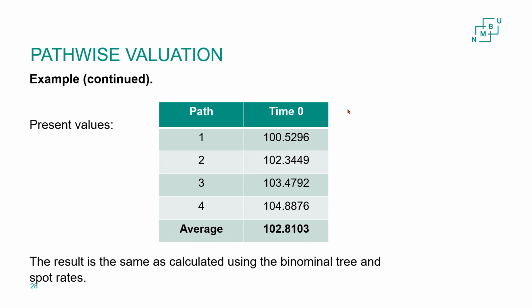If we use the implied forward rates from the tree and the different combinations along the paths, then we can calculate the present value of the bond along each path. And here you take the average of the present values, and you see that we get the same result as previously, 102.81.